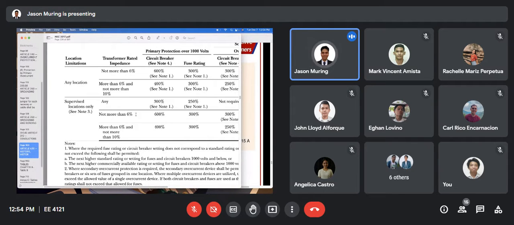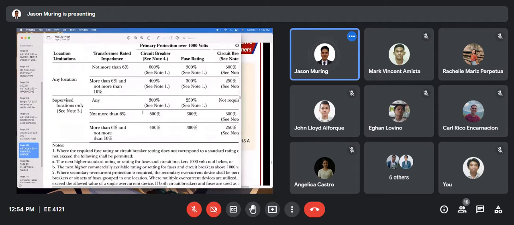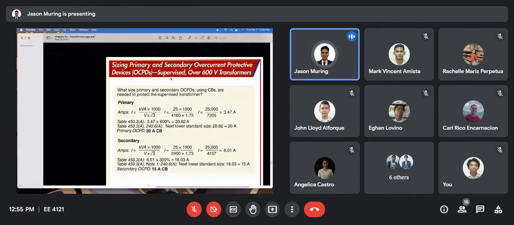You look here, not more than 6%, so probably we have 3, 4, 5. So it has a bigger multiplier because we expect that at lower transformer impedance, the inrush current will be higher. Okay, so that's what we are trying to protect here. We have to make sure that the OCPD of this transformer will not trip off during the starting or the inrush current.